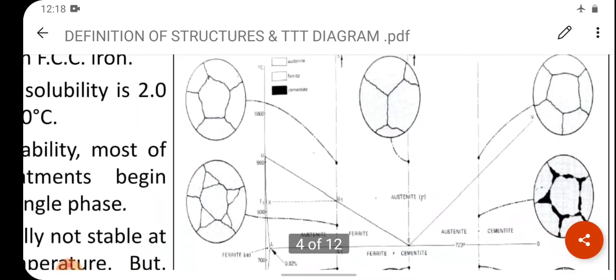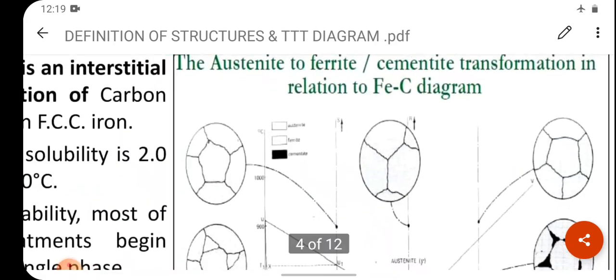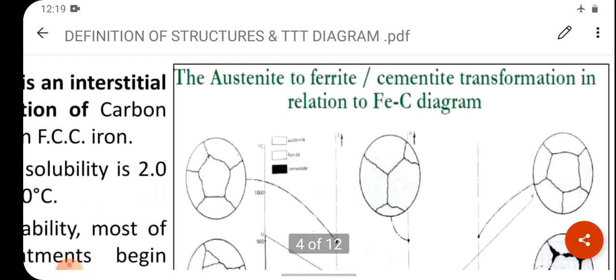See this. Clear? The austenite to ferrite or cementite transformation in relation to the iron carbon diagram. So I'll explain. You have to remember, or imagine the iron carbon diagram to understand the concept.